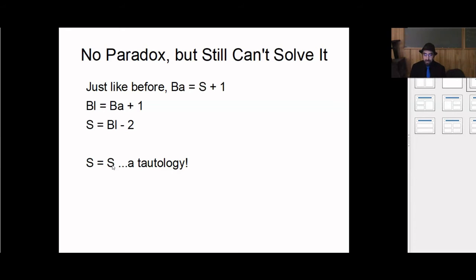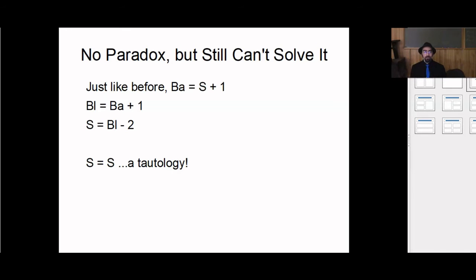We haven't learned anything, and so that conclusion doesn't help us. And so we find that we still don't have a way of solving this system and figuring out how much each one costs.